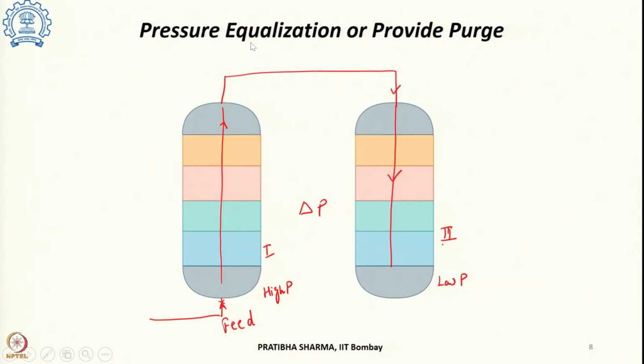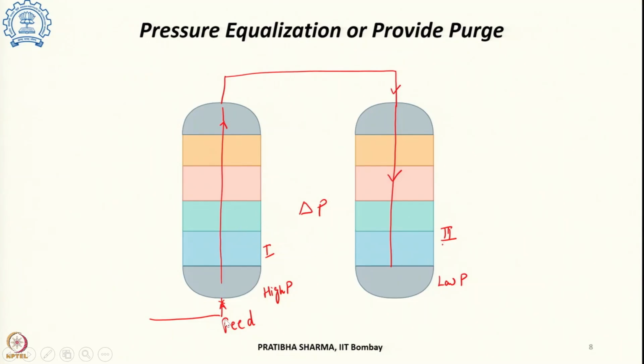Pressure swing, pressure equalization and provided purge. This is the process for maintaining the intermediate pressure. The high pressure chamber is filled with different chemicals, which will adsorb different gases.